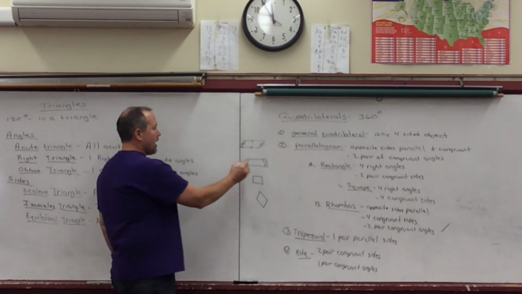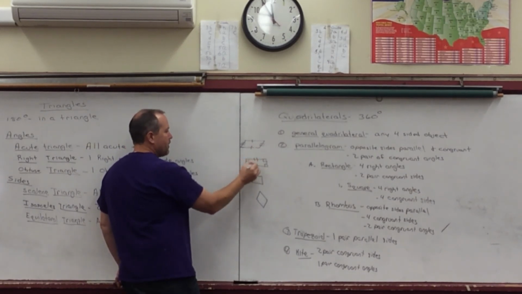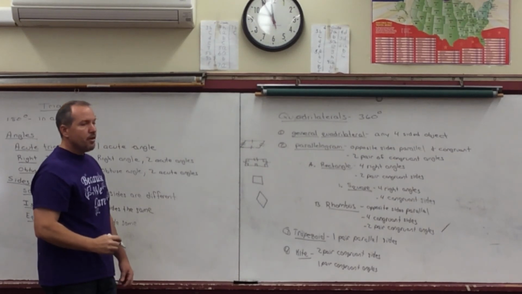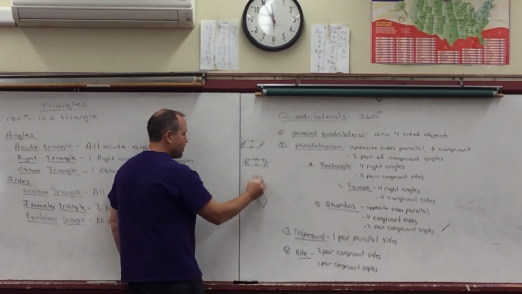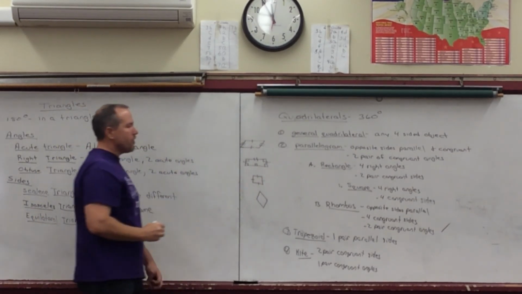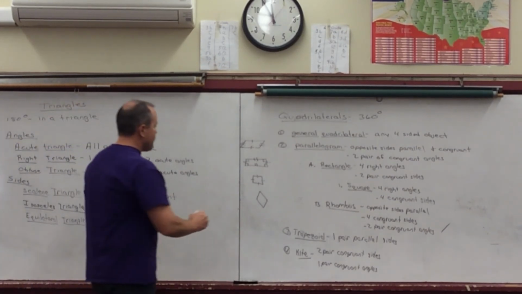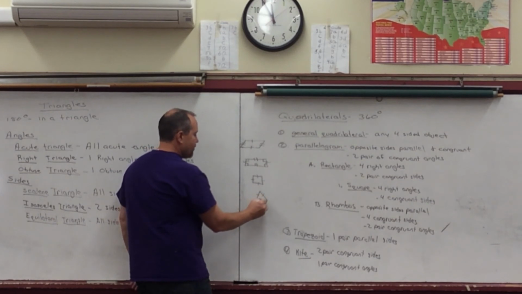For a rectangle, these are congruent, and those are congruent. For a square, all sides are congruent. For a rhombus, all sides are congruent.